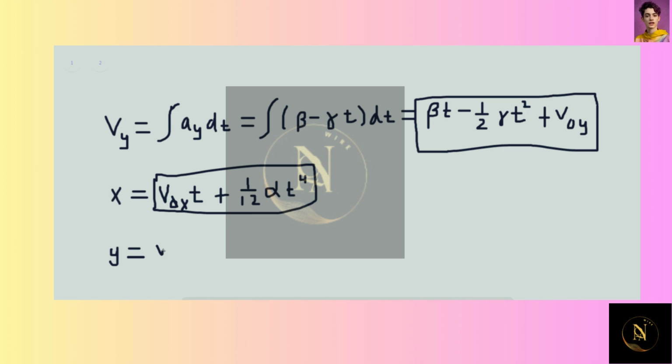So that's going to be v naught y times time plus 1/2 beta times time squared minus 1/6 gamma times time to the third.